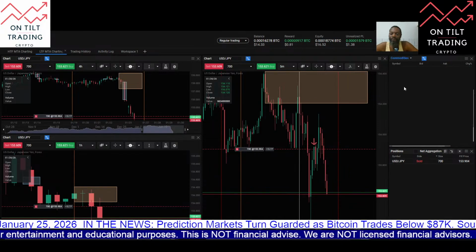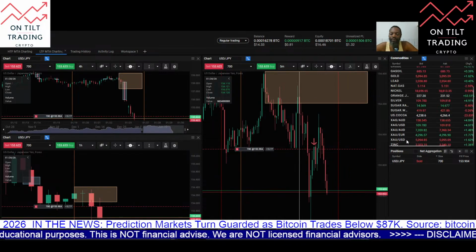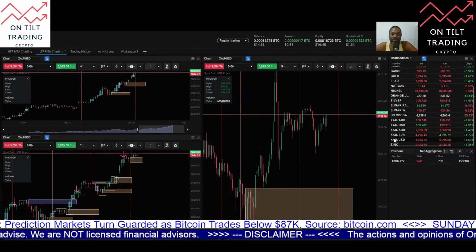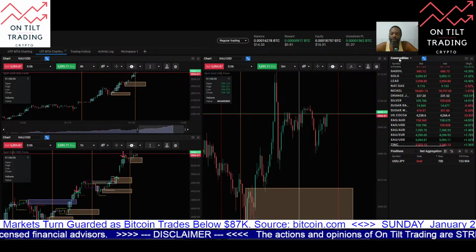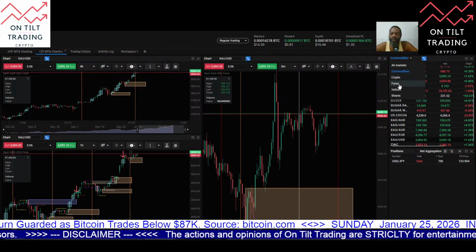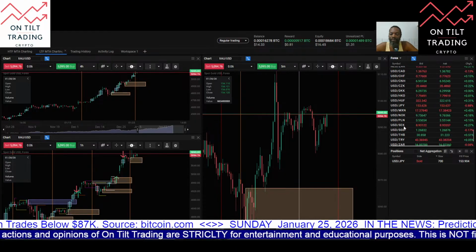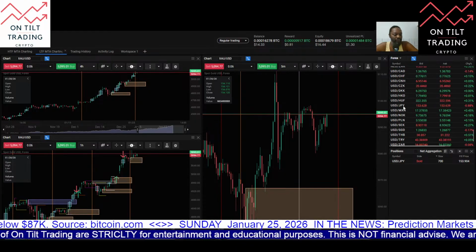Head back over and have a look at gold. And gold is not going to give a position here in the London kill zone.